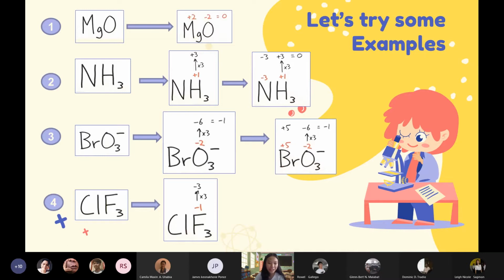Now, let's go with fluorine first, because there is one rule for F, and that is always negative 1. So let's go with that first. Negative 1, and it has 3 atoms in it, so times 3. So we have negative 3.